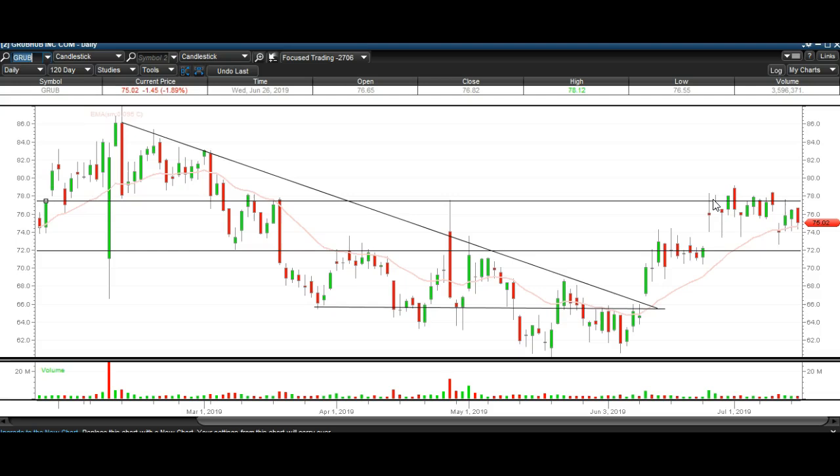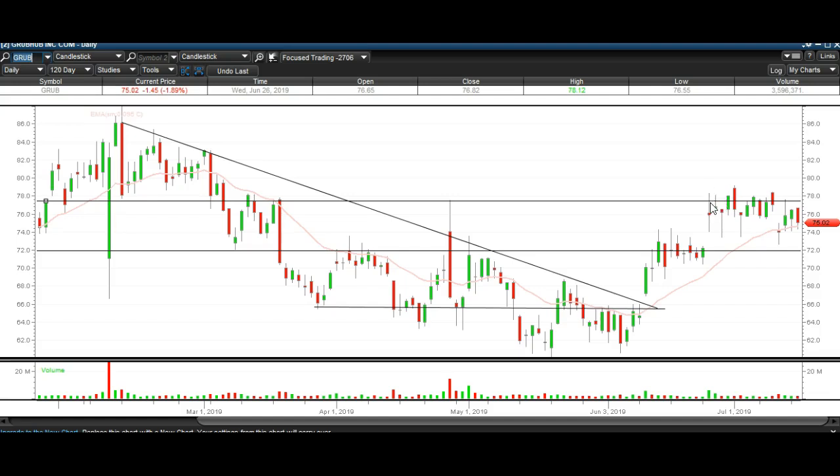We came up here, and this was the further target that we were looking for. So it came up here, kind of got rejected, and then a second day got rejected at that resistance, and that's when we sold the position right there.